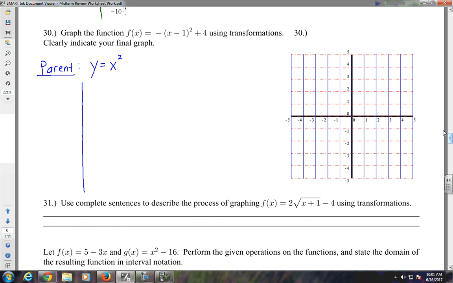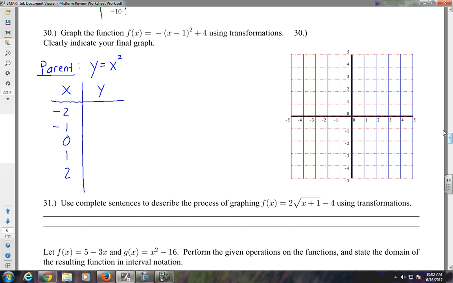So what I'm going to do is plot several points for this parent function, and then I'm going to apply transformations. So I'm going to pick out some really easy x values to use: -2, -1. These are just random numbers, and I'm choosing small numbers so it will fit nicely on our graph.